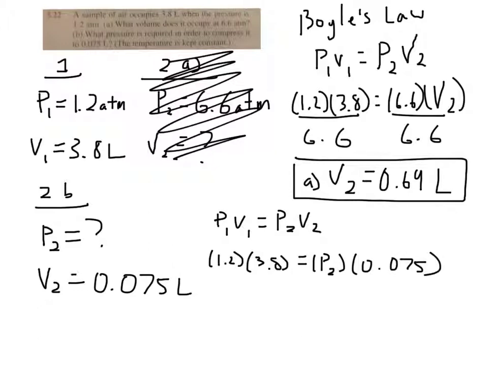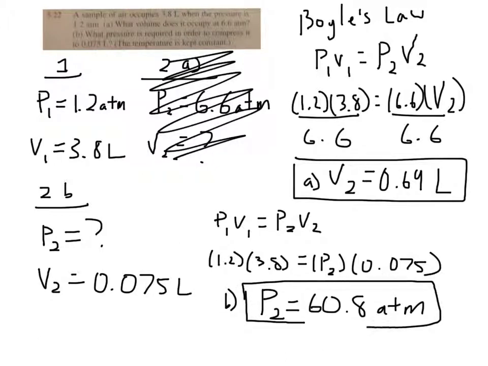We divide by 0.075 on both sides, and we find that P2 is 60.8 atm. That's for part B. You look at that and think, that's a high pressure. Well, let's think about this logically. We have something at 1.2 atm, our initial, with a volume of 3.8 liters. Think of your soda bottles, that's a good amount of space.